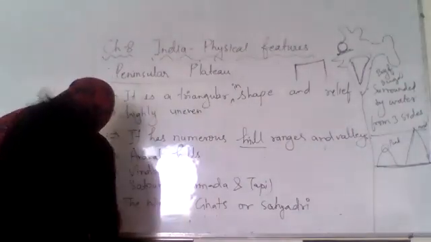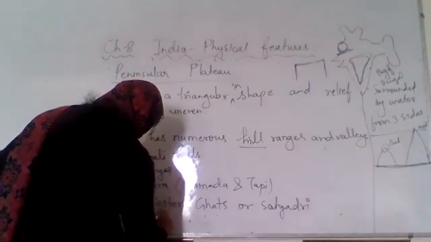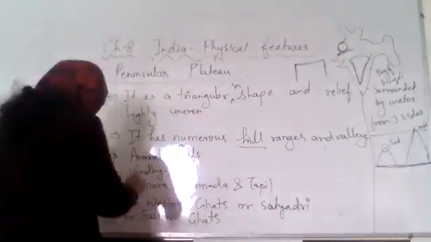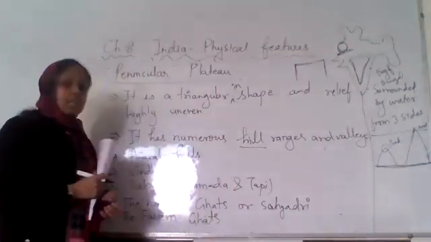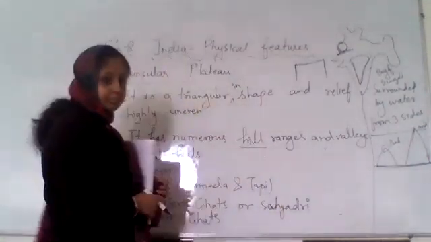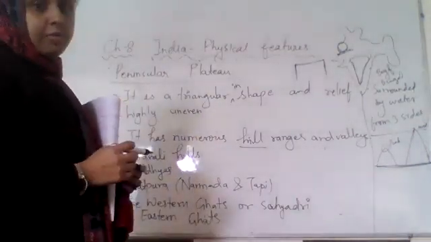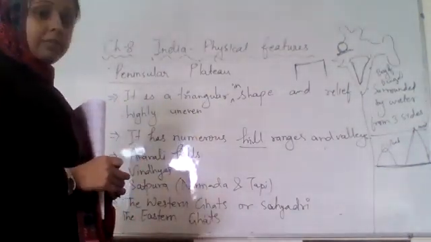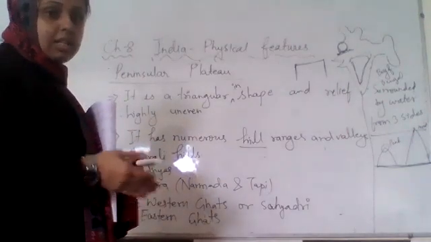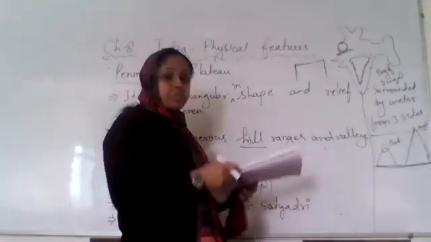Then you have the Eastern Ghats. So these are the hills which you will find here. You will find Aravalli Hills, Vindhyas, Satpura. There you will find Narmada and Tapi river. Then Western Ghats, which is also called Sahyadri. Then you will find Eastern Ghats.